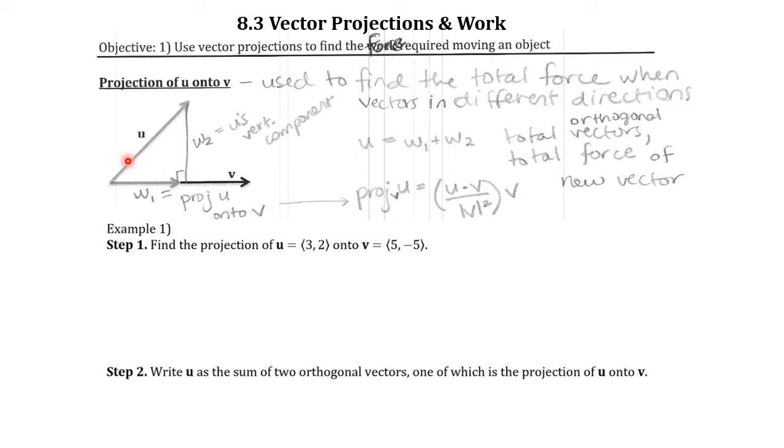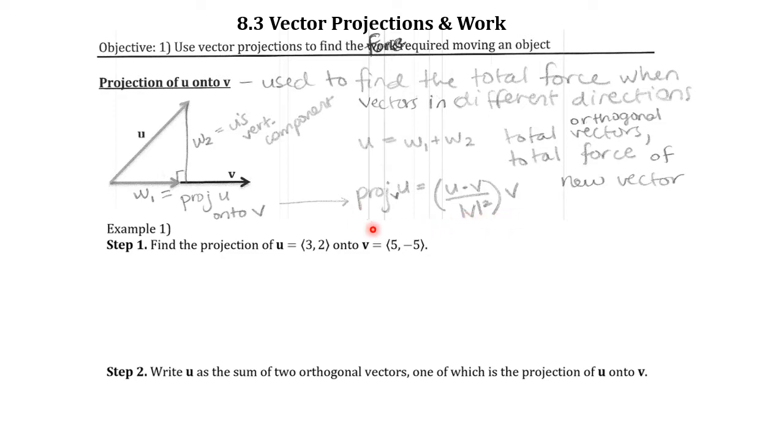So what we're going to do is project U here onto V, and my calibration must be off, onto V. That way they're both going in the same direction, and you can total the force easier. So when we do a projection, here is the formula right here.